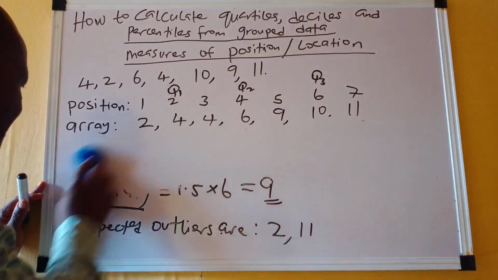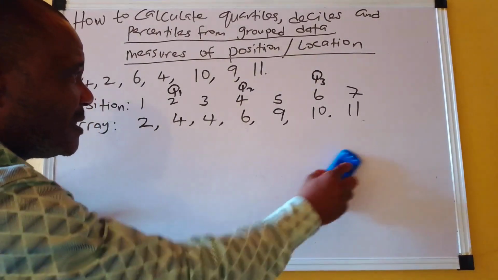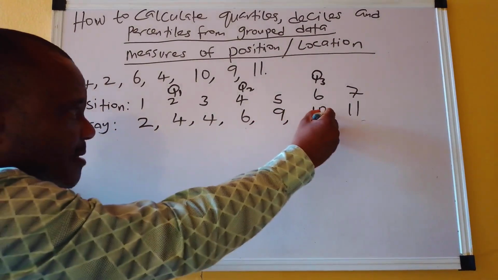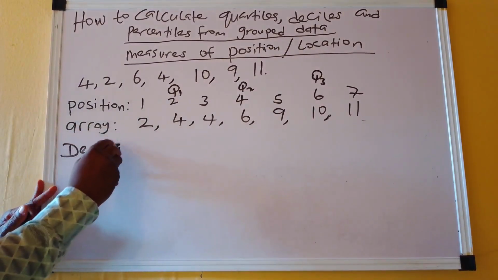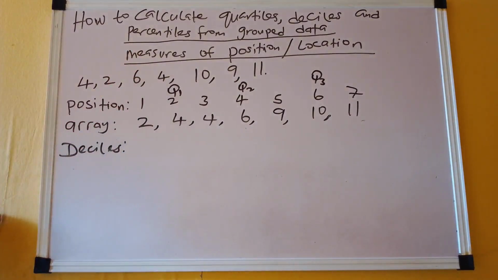Let us see how deciles can be calculated from ungrouped data. Deciles simply is a measure of position or measure of location.